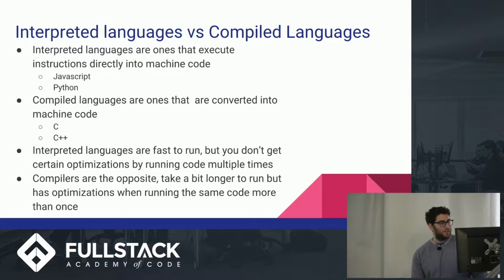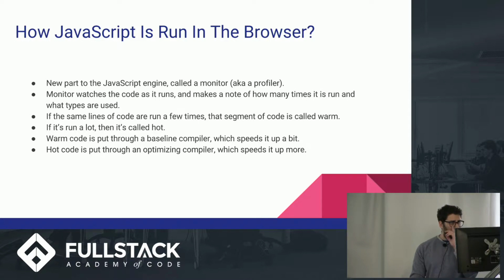Some of the advantages: interpreted languages are a bit easier to use, but they're not as optimized as languages that are compiled. So how is JavaScript run in the browser? JavaScript originally was just interpreted in the browser, and Chrome and Firefox and Safari, not Internet Explorer, but maybe Safari, wanted to speed up how they were running JavaScript.